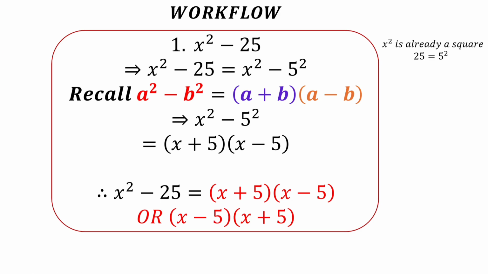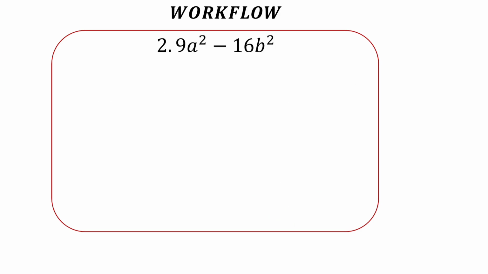The second example, we have 9a squared minus 16b squared, and we have to factorize it completely. First of all, you have to make sure that the two terms are written in squares, to make our work easier. 9a squared is a single term on its own, so we want to rewrite 9a squared as a square, the whole of it as a square.